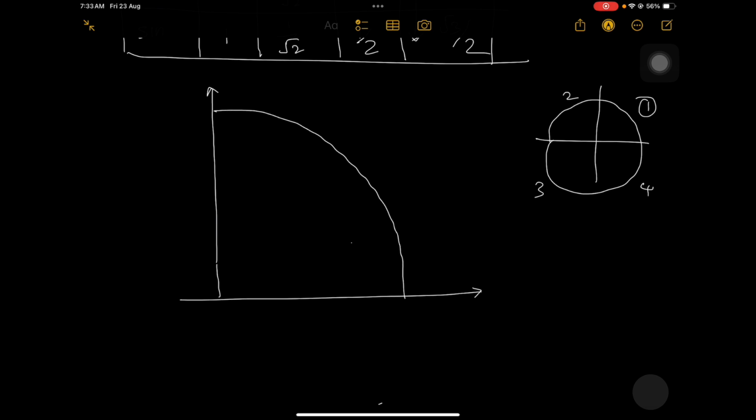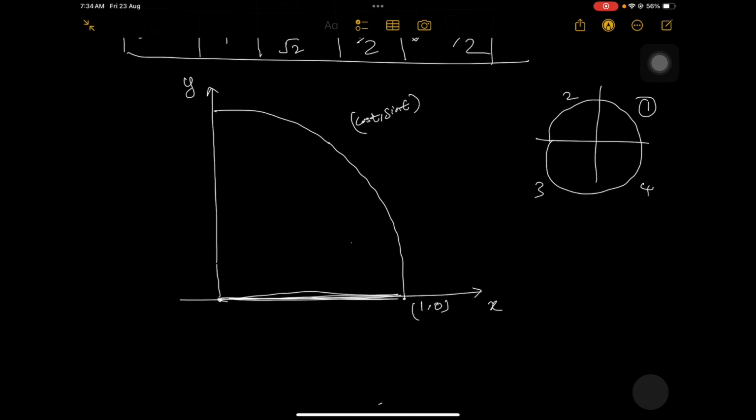So first we have cos 0 and sine 0. The coordinates at every point will be cos t comma sine t. T will be varying. In this horizontal point, it's going to be 1 comma 0.